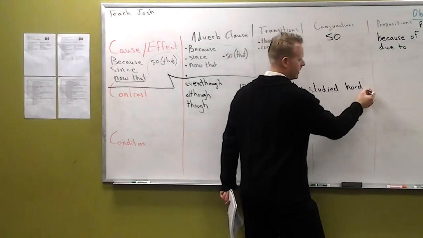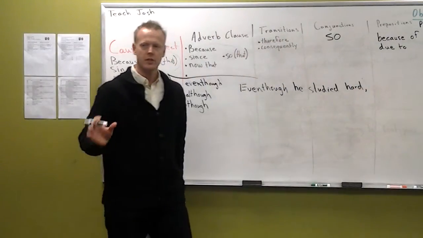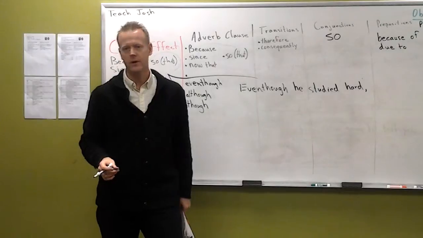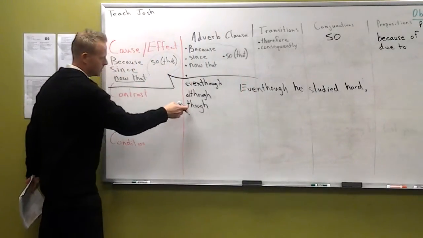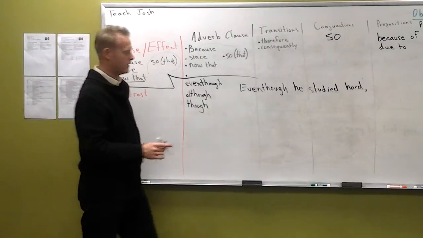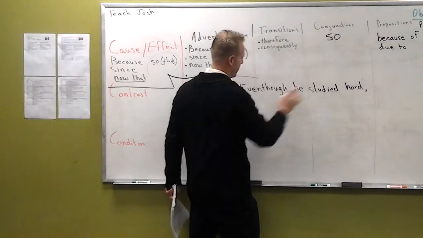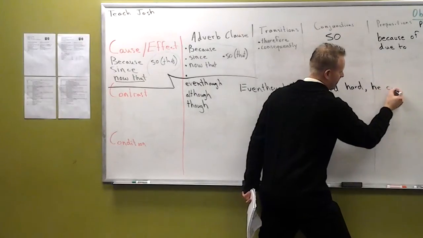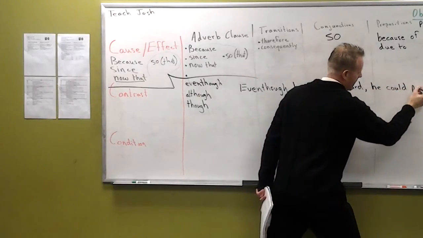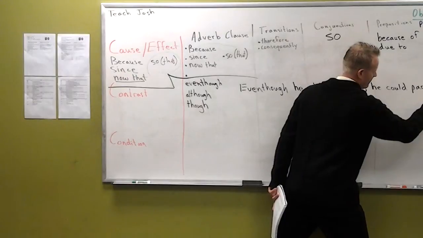Comma. Is there always a comma or just sometimes? Always, always, always. With these particular words, okay? With these three, it doesn't matter. Always put a comma, even if it comes last. All right. Even though he studied hard, he couldn't pass the exam. Good.